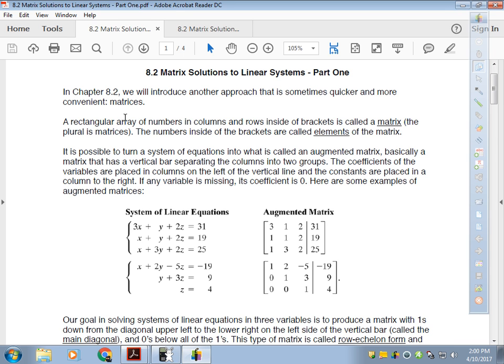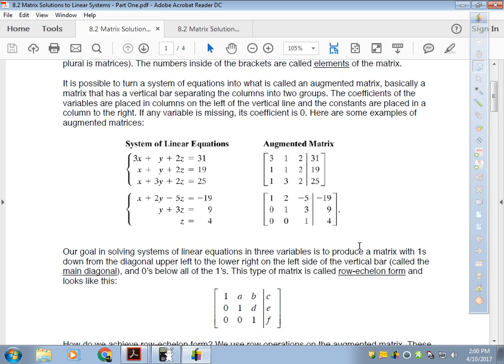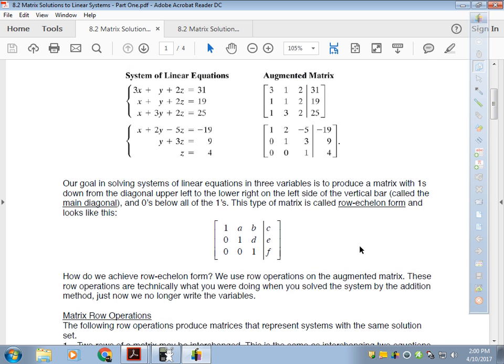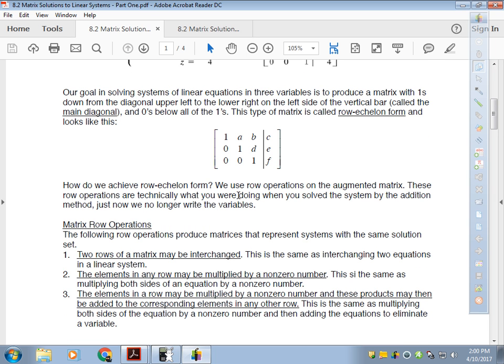Okay. So that's what we do. We take a system of equations, we rewrite it as a matrix. After we have it as a matrix, our goal is to get it into what is called row echelon form. Row echelon form is where we have a diagonal of 1s going from the upper left down and zeros underneath.